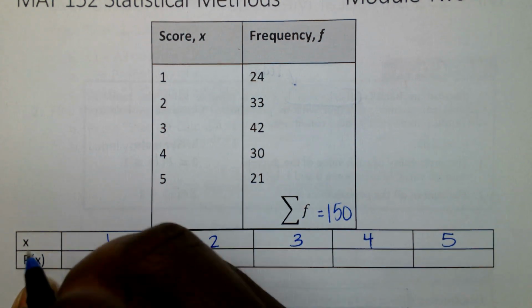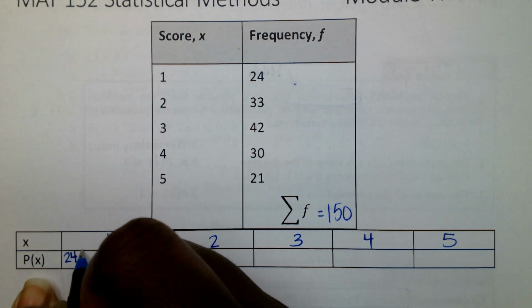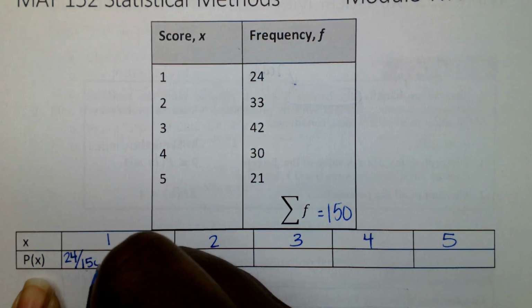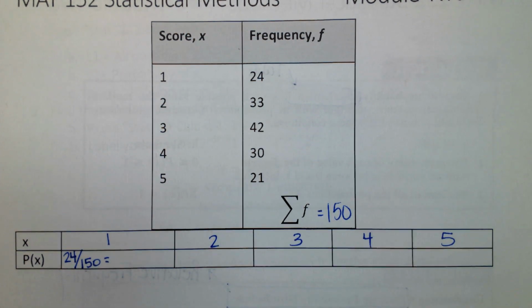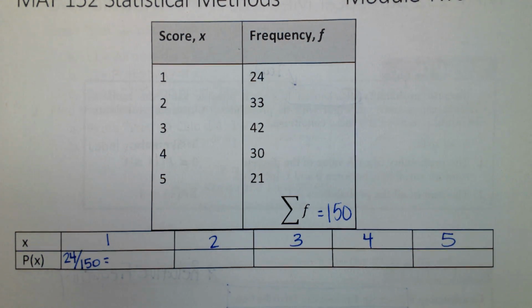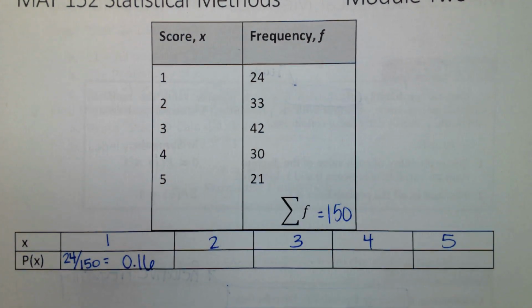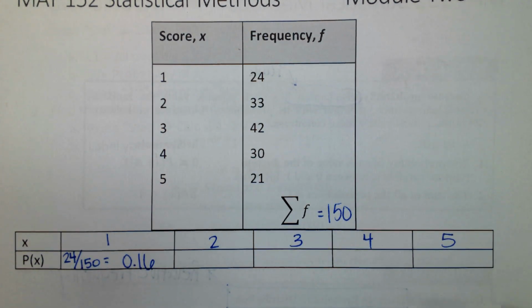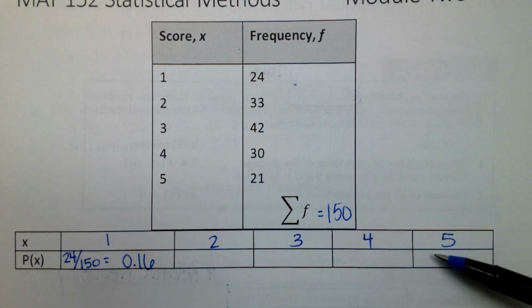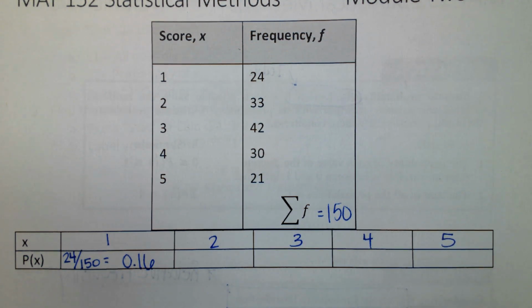So for this first one, we're looking at the frequency divided by total frequency. I like to do 3 or 4 digits out for these. I do 4 if I have a probability that is really, really small.